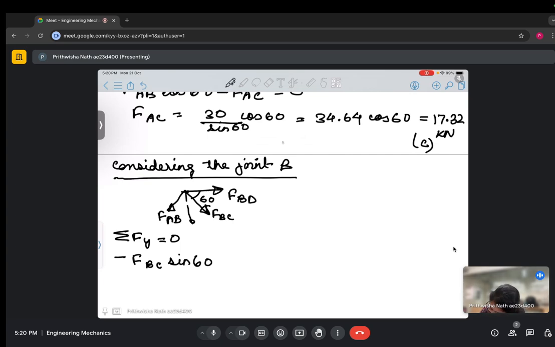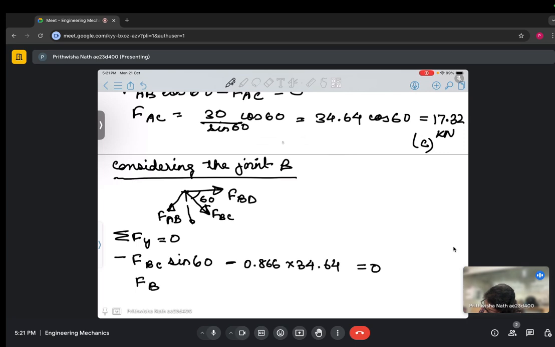This will also be minus of 0.866 into 34.64. So this is equal to 0.